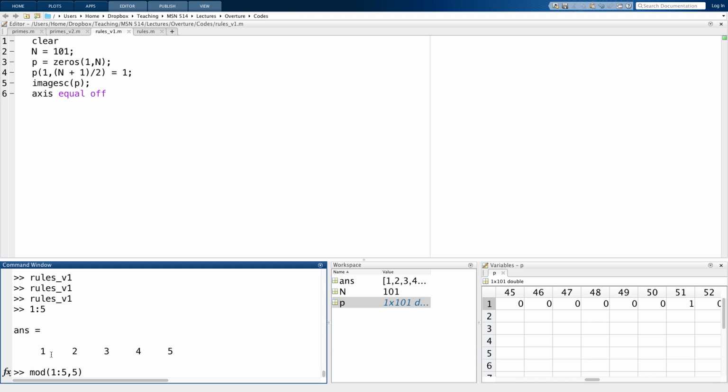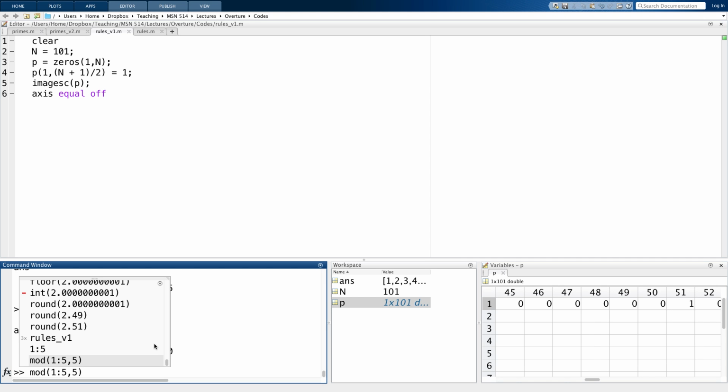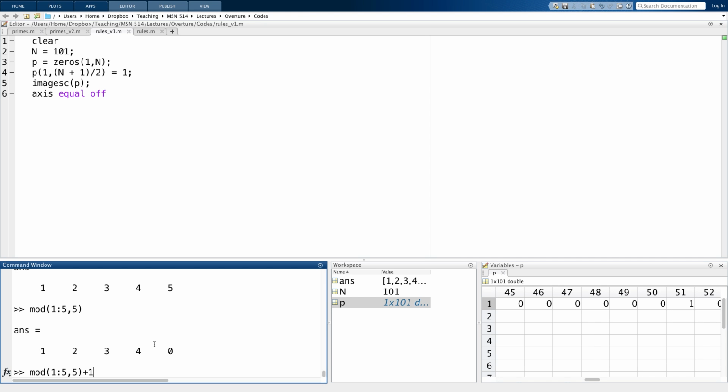So you get 1, 2, 3, 4, 0. Very good. What if I take plus 1? It's 2, 3, 4, 5, 1. And compare it with 1 to 5. It's this one going all the way there, and the rest shifted to the left.